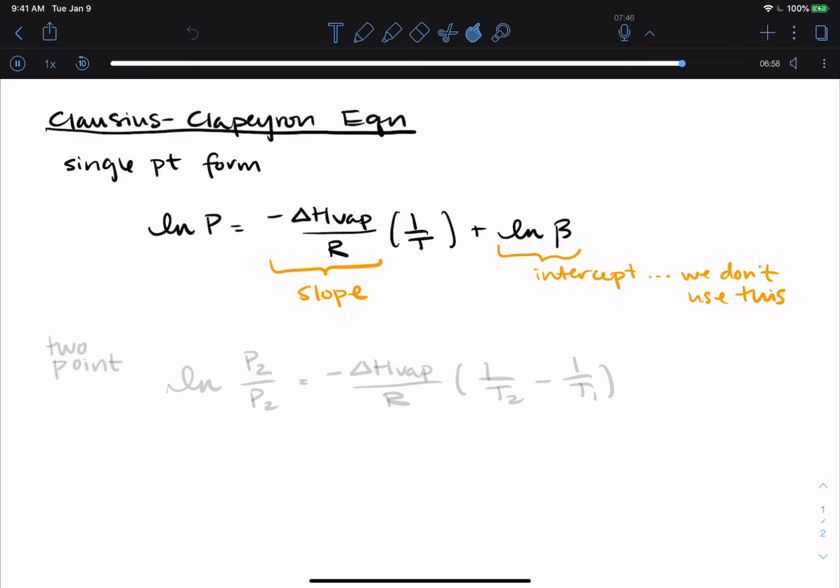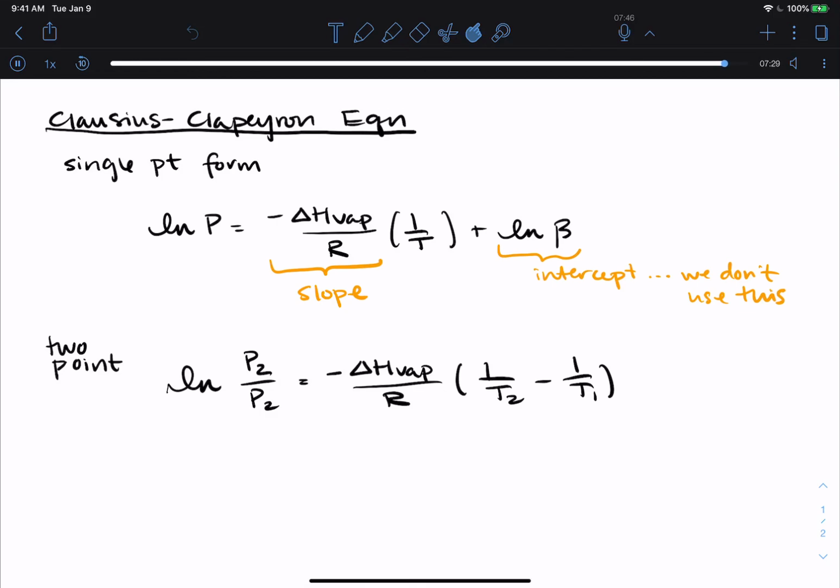So what we more often use is the 2-point form. And so the 2-point form is natural log of P2 over P1 equals negative delta H of vaporization over R times 1 over T2 minus 1 over T1.